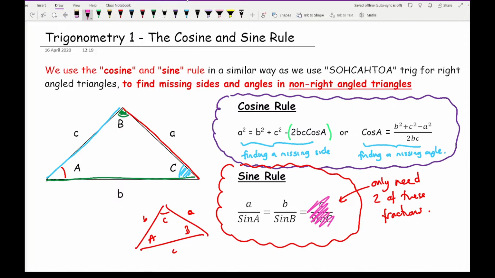Now in some revision guides and some websites, you might find that the sine rule can be written in a different way. Another variation of the sine rule is having sine A above in the fraction above lowercase a and sine B over lowercase b, and that is exactly the same.